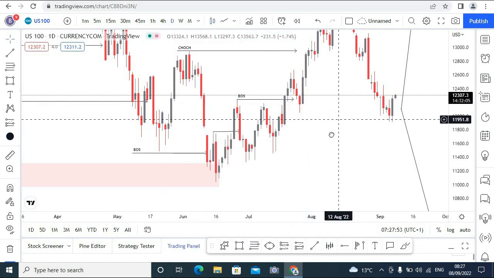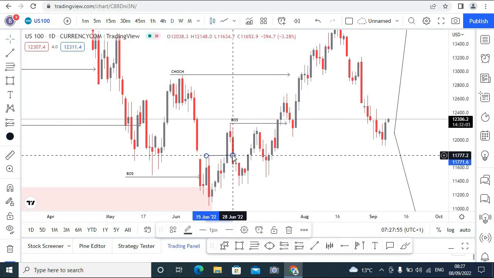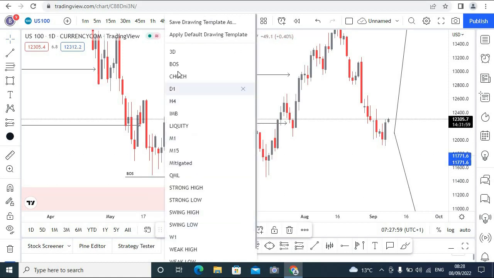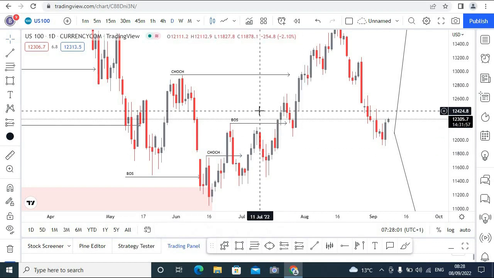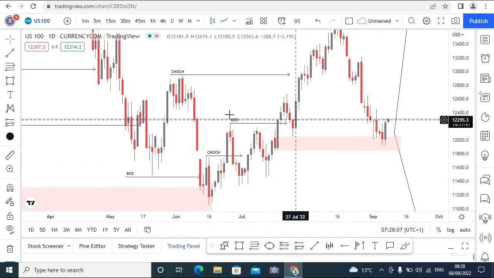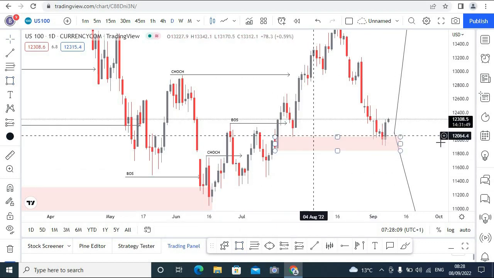Break of structure. So what I want you guys to understand is that now the price has come back to this last demand zone area, which took out this structure right here as well.